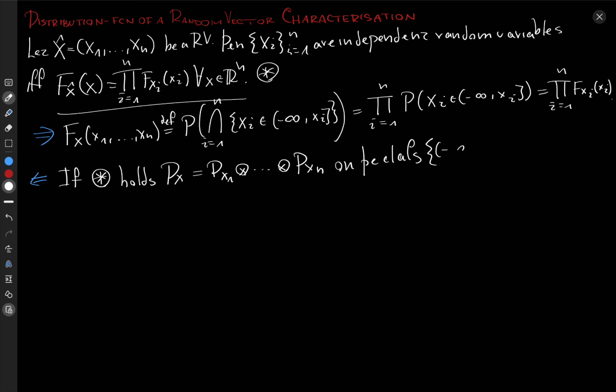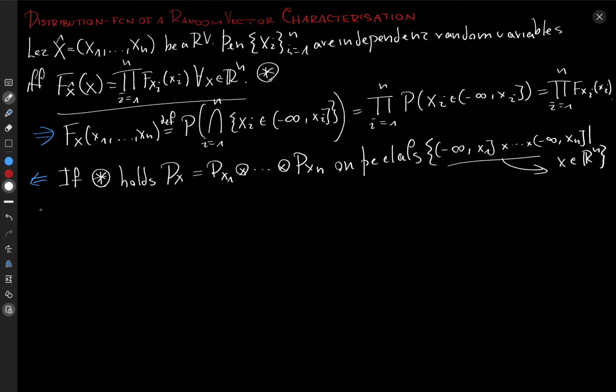So we have interval from negative infinity to x1, etc., all the way onto the interval from negative infinity, of course open, to xn, where we have x from the n-dimensional real space, and these are the entries of x, right?